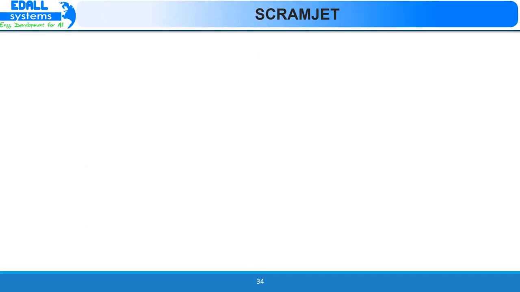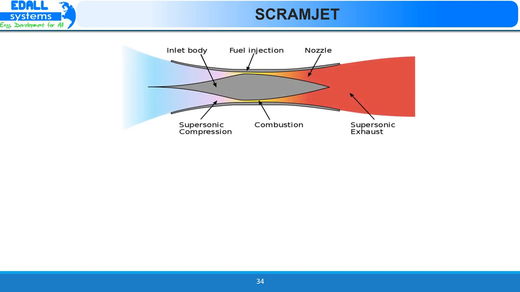Next, we shall see scramjet engine. Scramjet engine is also a variant of jet engine that eliminates rotating parts like compressor and turbine from a regular jet engine. When the flight Mach number attains greater than 4 or hypersonic speeds, the operation of ramjet becomes difficult at hypersonic Mach numbers.